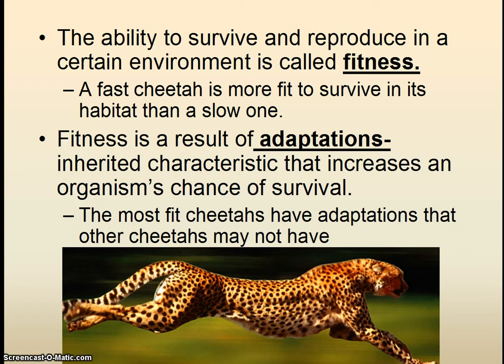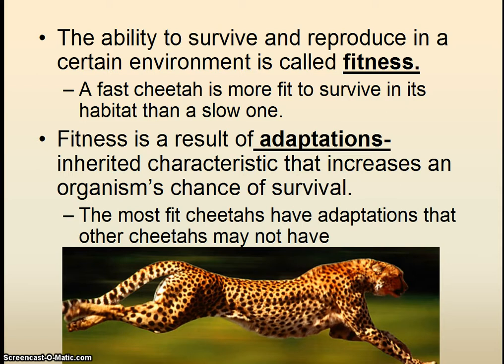If you look at this cheetah, there are many adaptations that make this cheetah more fit to survive in its habitat. Take a look at it. Things that go into making it fast would be things like its lung capacity, its muscle tone, its bone structure. If you even think about things like its senses, it has to have a very highly developed sense of hearing, sense of sight, sense of smell.